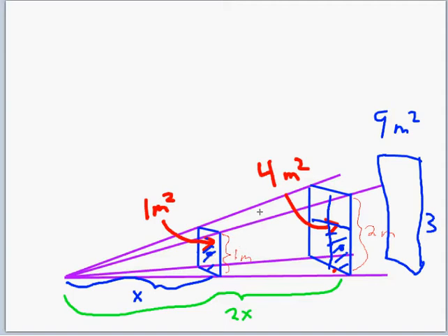So that's what the inverse square rule means: as your distance goes out, the intensity of the radiation goes down in proportion to the square of the distance. In other words, if you're twice as far, it goes down by a factor of 4.